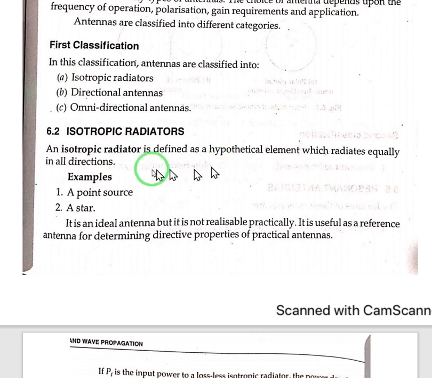That means it is a radiator which equally radiates the energy in all directions. And further it is defined that it is an ideal antenna, and no such practical thing is realizable because there is no such ideal antenna that can radiate energy equally in all directions. But we can use this radiator as a reference in order to compare our design with the isotropic radiator.